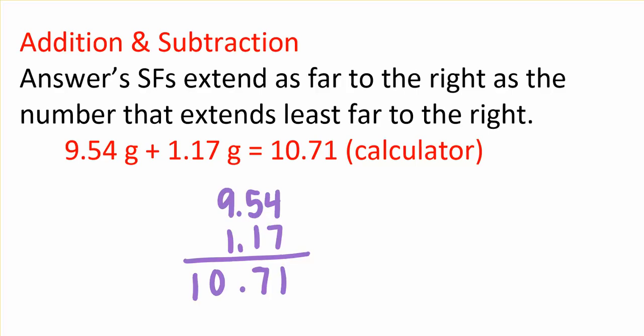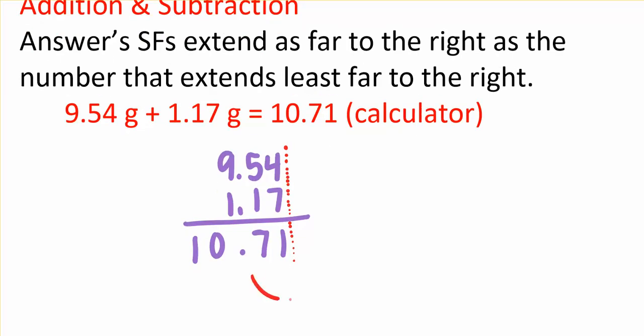Okay, so when I line them up, I look at how far they extend to the right of the decimal. Both of these numbers go to the 100ths place, so I'm going to line them up like this and then use how far they extend to the right to decide where to cut them off.